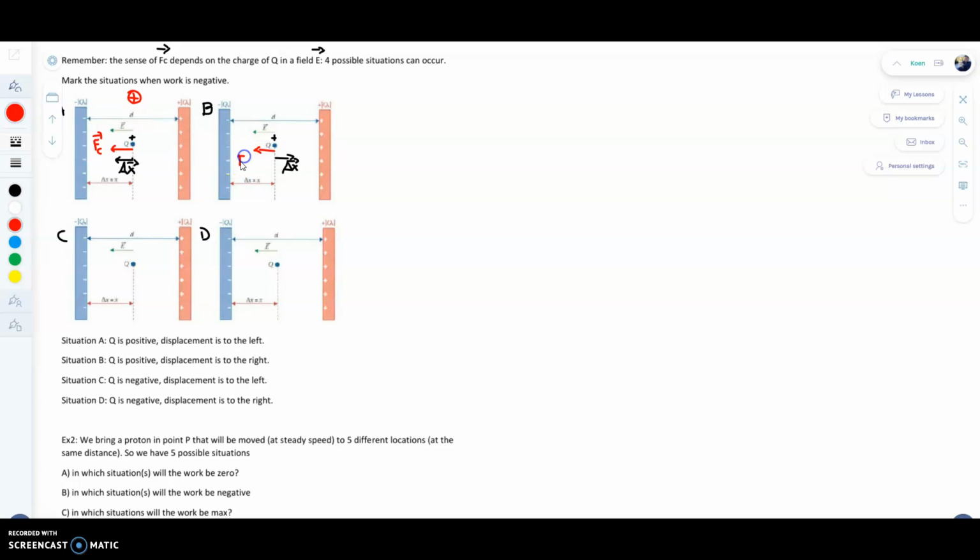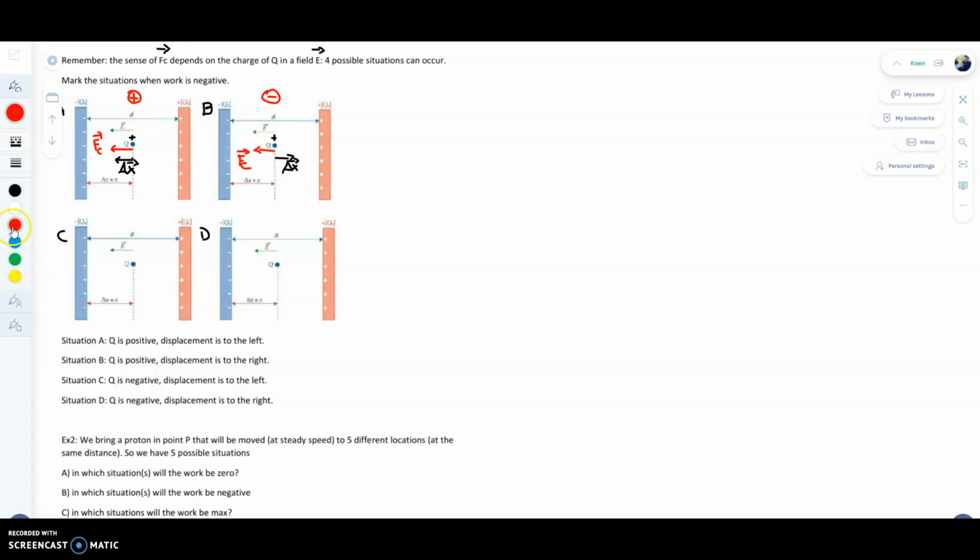It still has the same sense as your field vector E, meaning there is no way that the Coulomb force is moving this positive charge towards that positive plate. In this case, we talk about negative work. There's no way that the Coulomb force could do this. This has to be an outside source displacing this charge, not the Coulomb force.